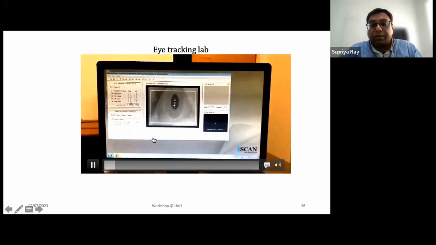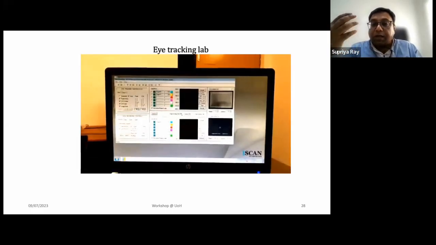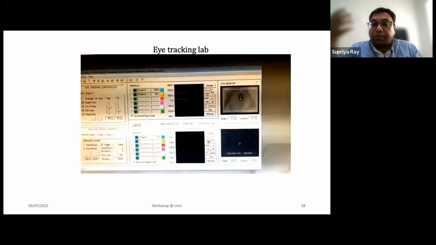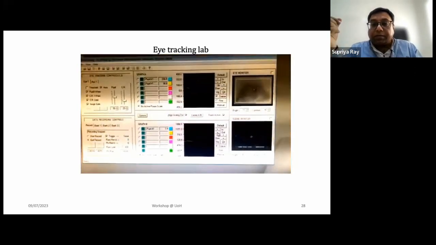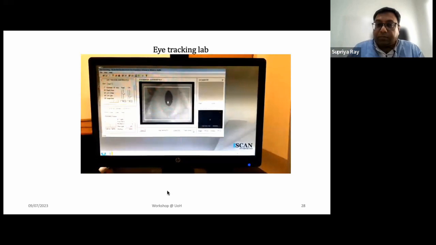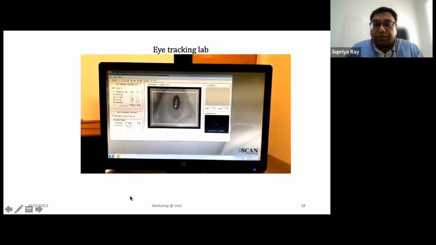One is at the middle of the pupil, and the other is placed on the bright spot on the cornea, and that is the corneal reflection. Of the light that falls on the eye, a major part gets reflected from the cornea. So the eye tracker basically finds the pupil and the corneal reflection.